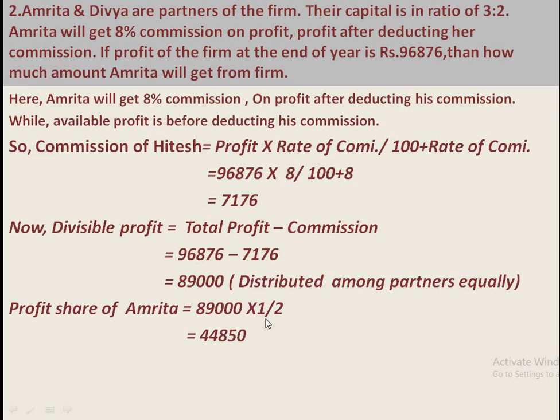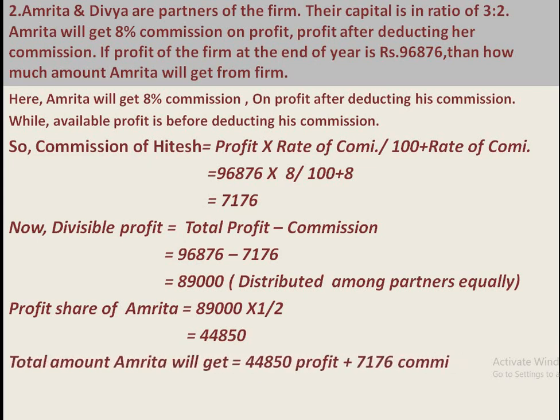There are only two partners, so it is distributed among them 1 by 2. So her profit share is 44,850. Okay, our answer, the total amount Amrita will get: she will get 44,850 as profit, and she is already entitled to get 7,176 as commission.